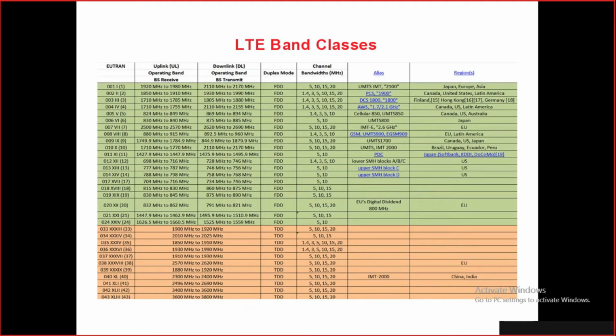Now let's say Qualcomm would like to make a chipset as wideband as possible. Let us say they are targeting India and China, so that's band 40. They will focus that at least in their chipset, these bands of frequencies, like 2300 megahertz to 2400 megahertz, are operable.